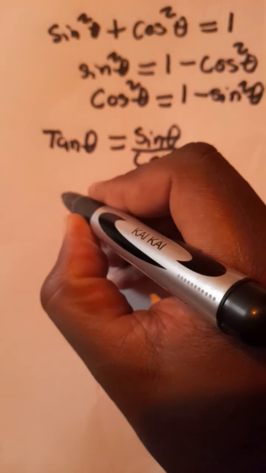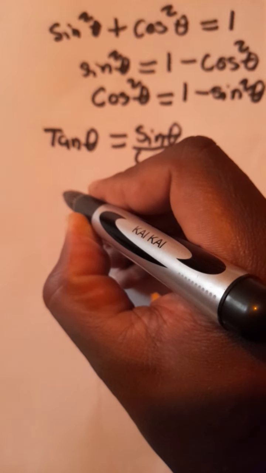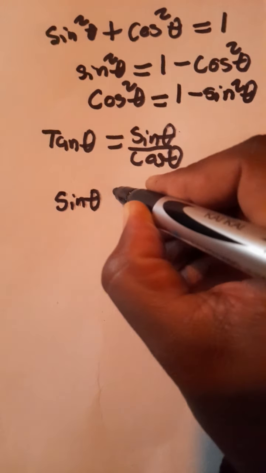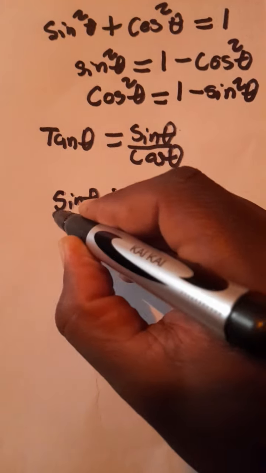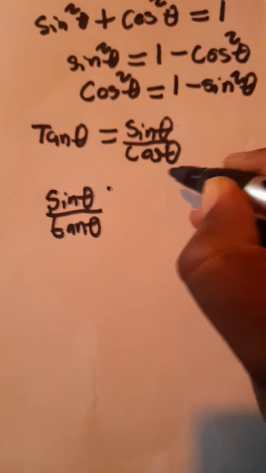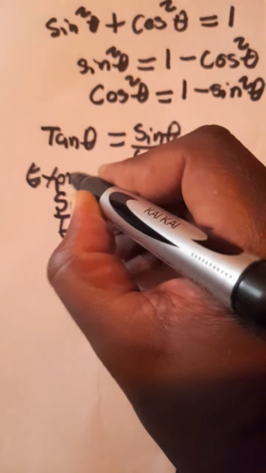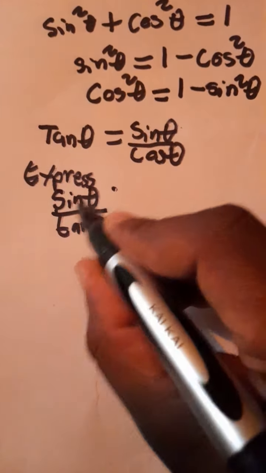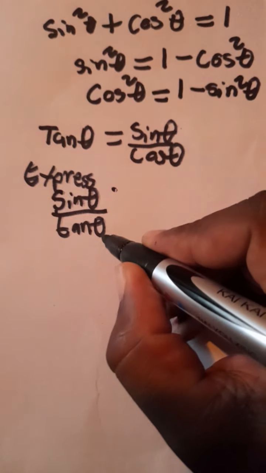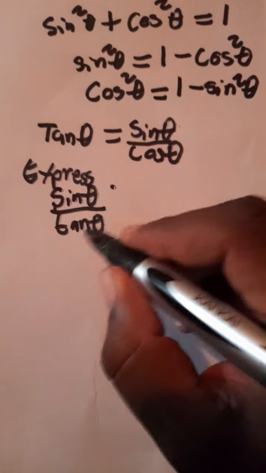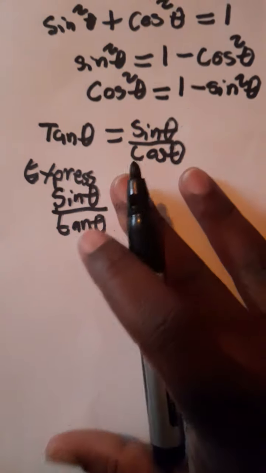Okay, let's get started. Let's say you are required to express sine theta divided by tan theta as a single trigonometric ratio. Well, this is quite easy to work with.